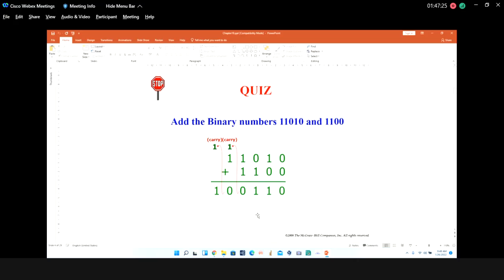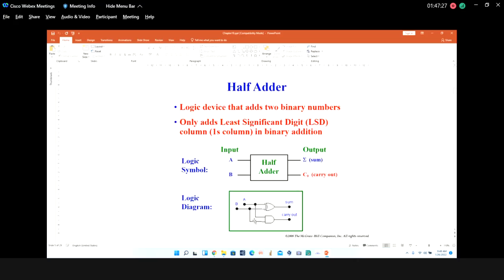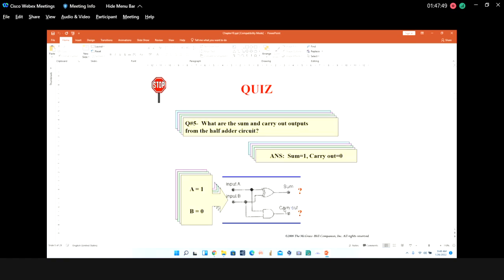But how do you do the addition? Addition by using this one is a half adder. The addition just uses two gates, one exclusive OR gate and one AND gate. Okay, this is the logic diagram for half addition.